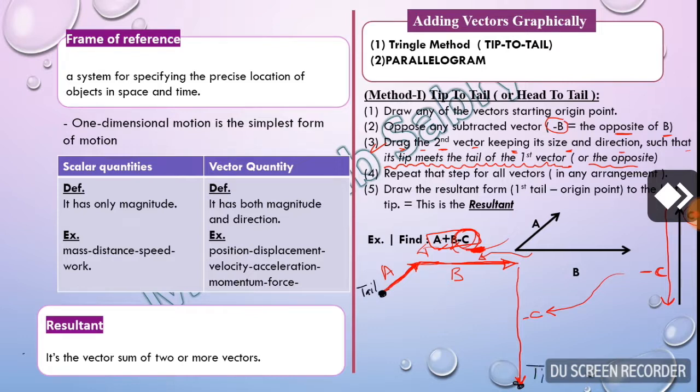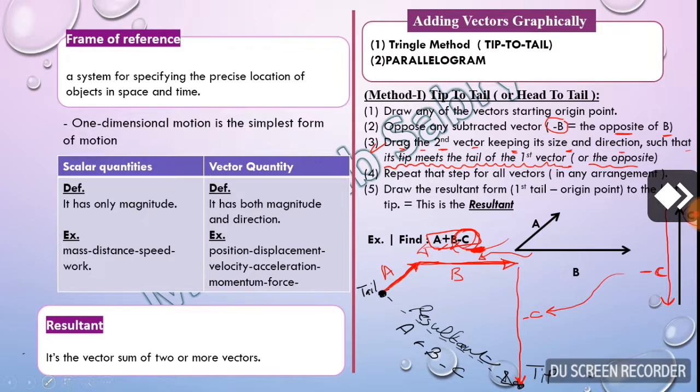There are no other tips. Okay? Connect them. So this is the resultant, which is A plus B minus C.